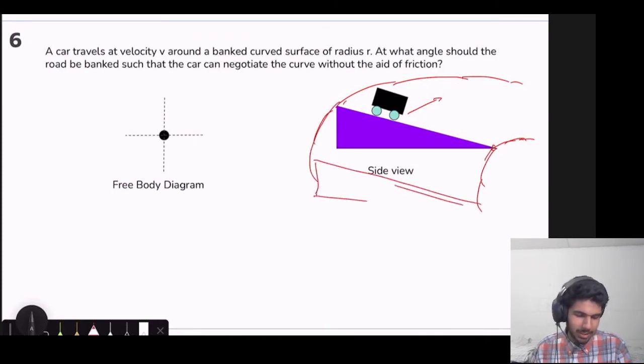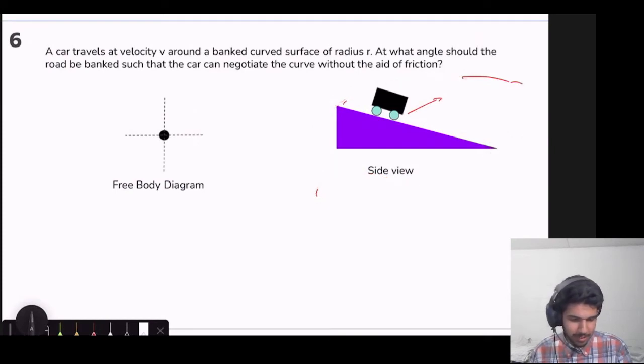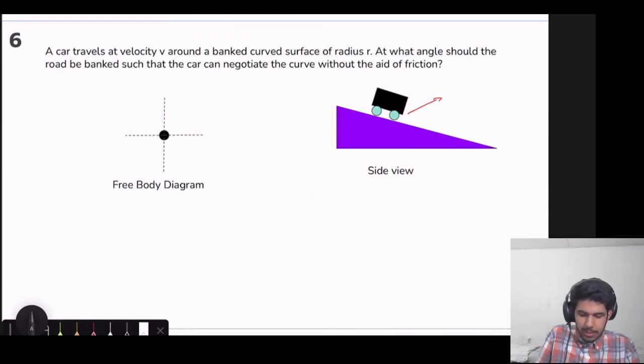It's a circle and the car is traveling along the circle. I just made that drawing much worse than it needed to be, but hopefully that makes sense about what's going on there. I'm going to erase some of this to give me some room to solve the question. So first let's draw a free body diagram, because why not?